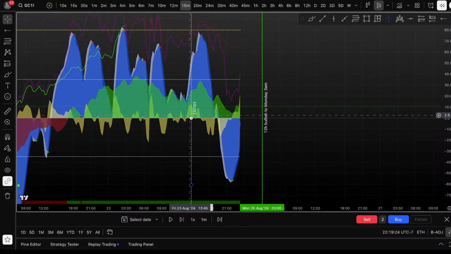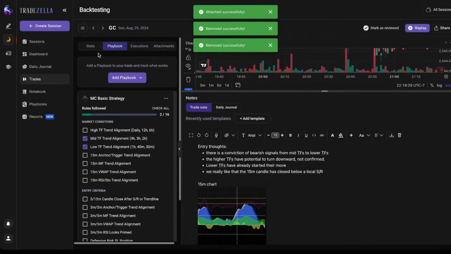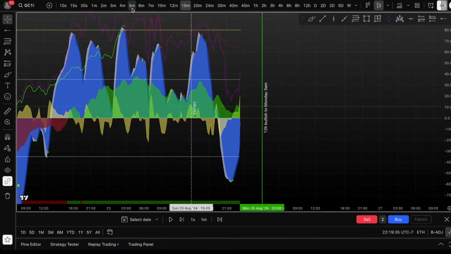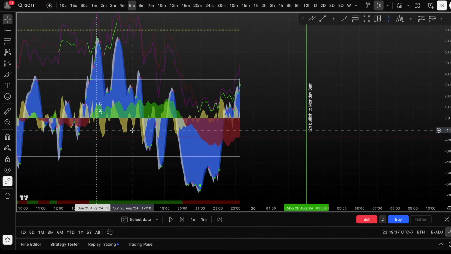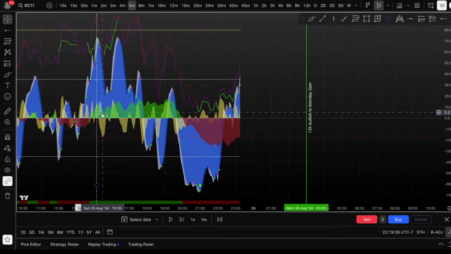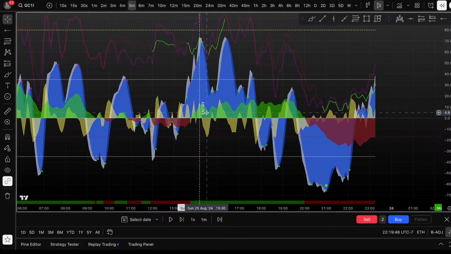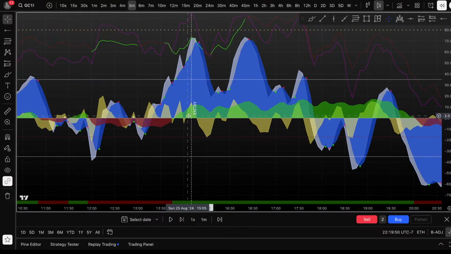Yeah, we didn't like the VWAP, but we did like everything else. Entry criteria. 5 minute. And we like the VWAP. We like money flow. We liked it.